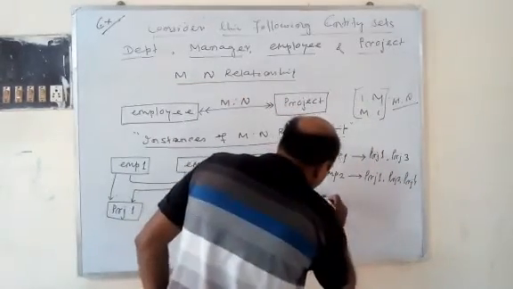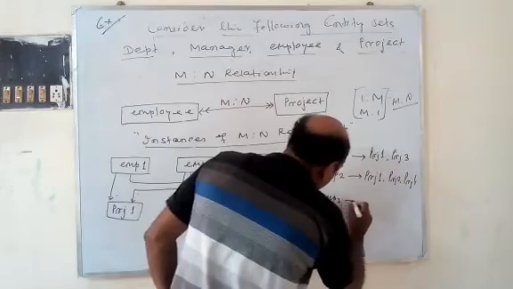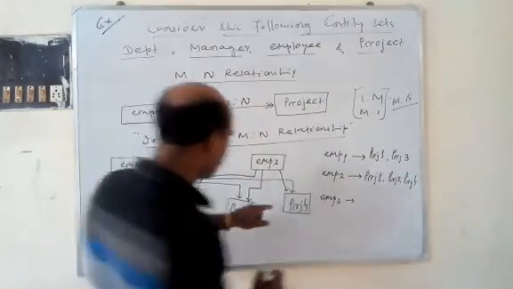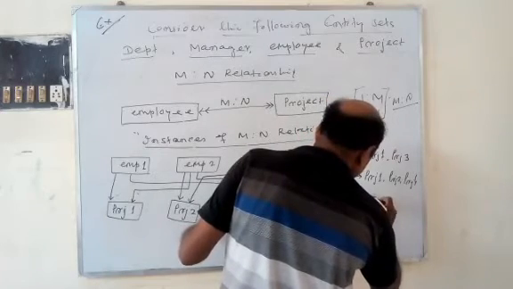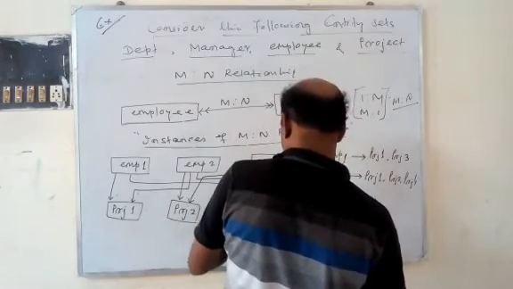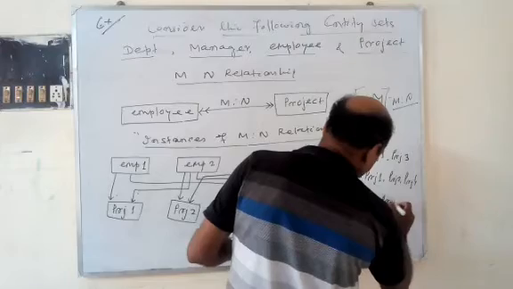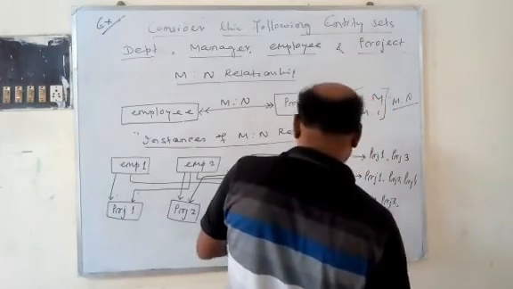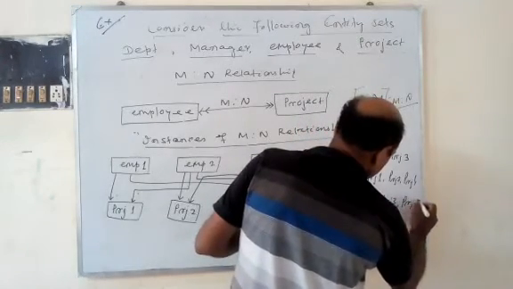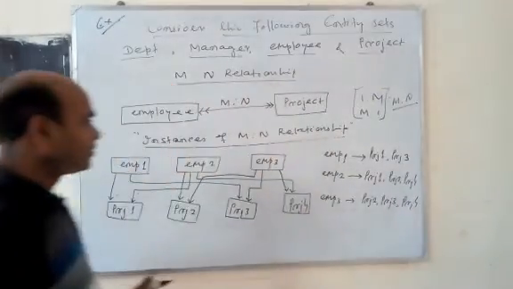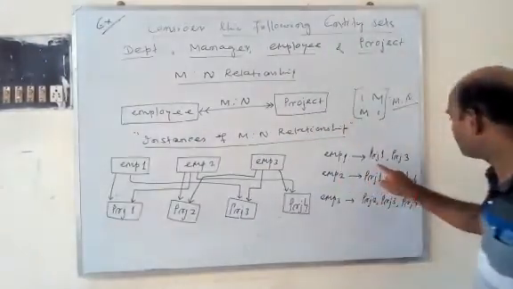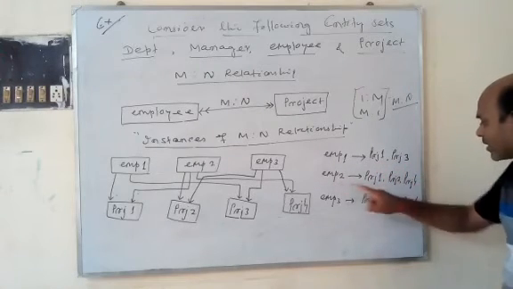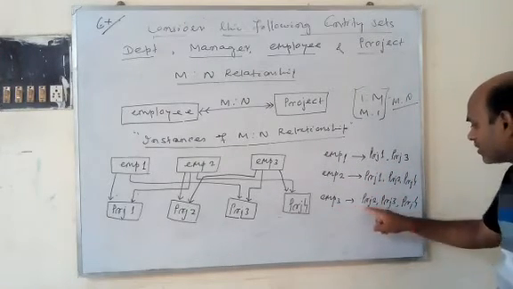And employee 3 is working in project 2, project 3 and project 4. Okay. So employee 1 is working in 2 projects, employee 2 is working in 3 projects, employee 3 is working in 2 projects.